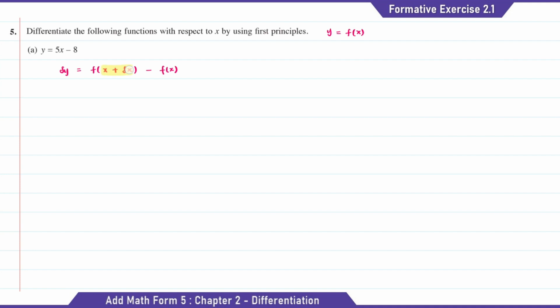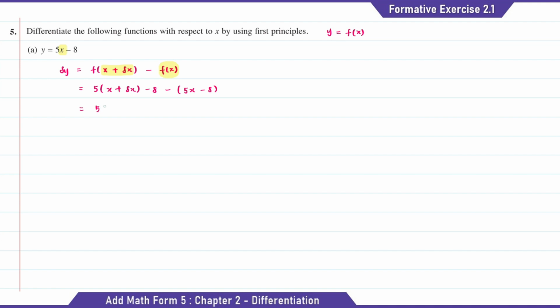First, I'm going to substitute x plus delta x into the x here. This will be 5 bracket x plus delta x minus 8. Then I'm going to minus f of x, which is 5x minus 8.